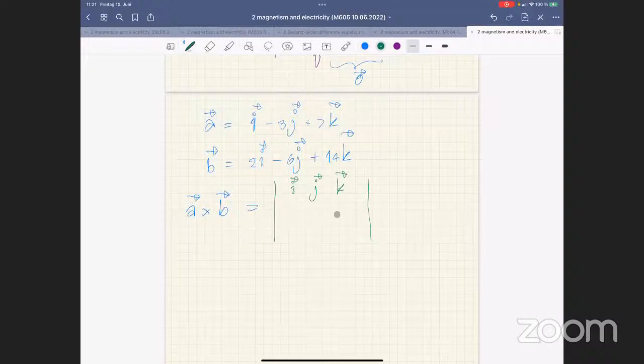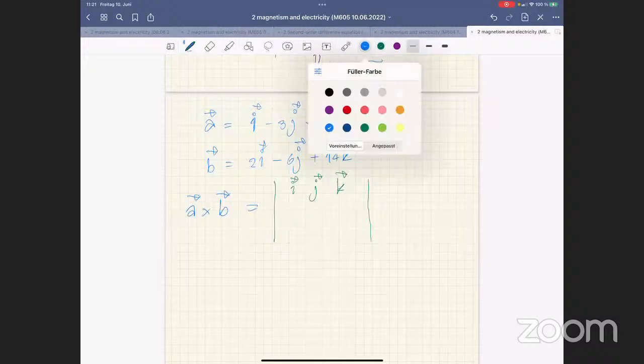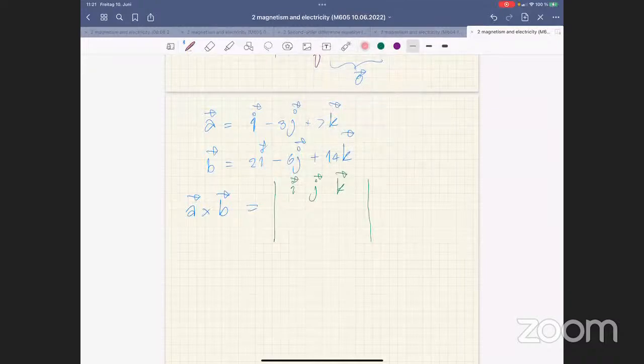This is the first row, second row, and the third row, right? We will write down the coefficients of vector A, which are 1, minus 3, and 7, and for the second vector B, we're going to have 2, minus 6, and 14.